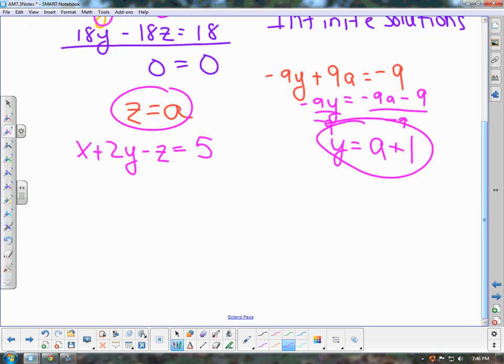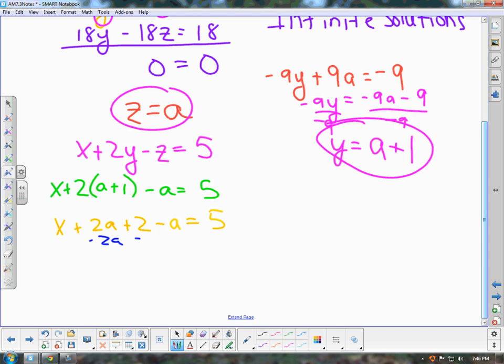Since z equals a, it's minus a, and y equals a plus 1, we would get x plus 2a plus 2 minus a equals 5. To get x by itself, we subtract 2a, subtract 2, add a, and you would get x equals minus a minus 3.